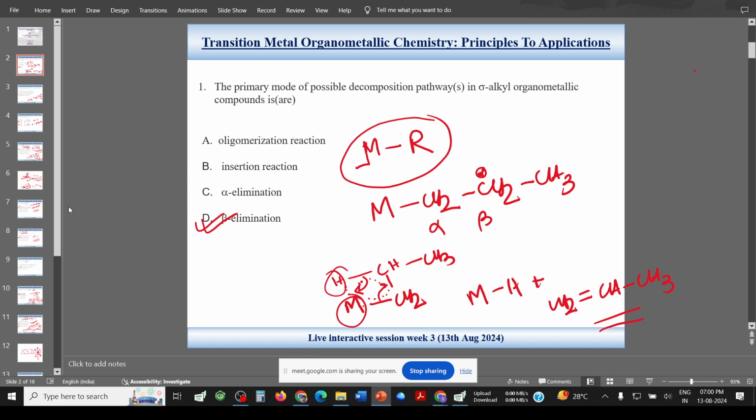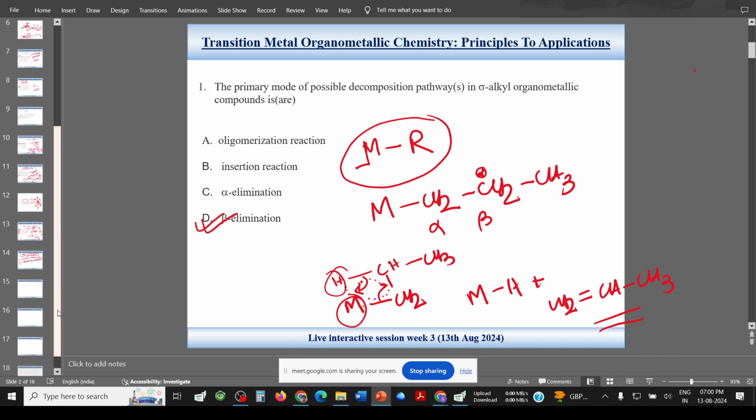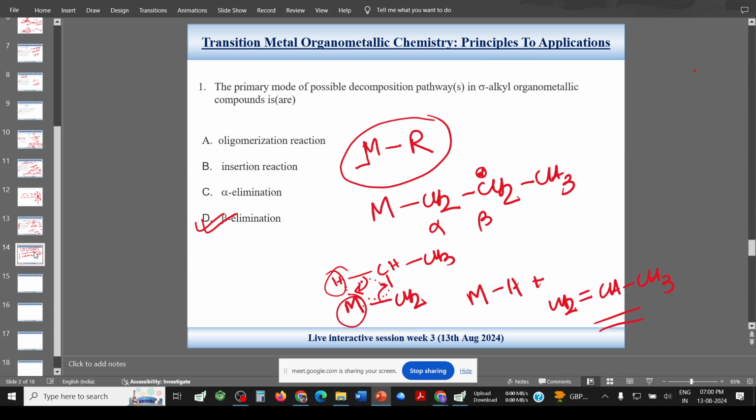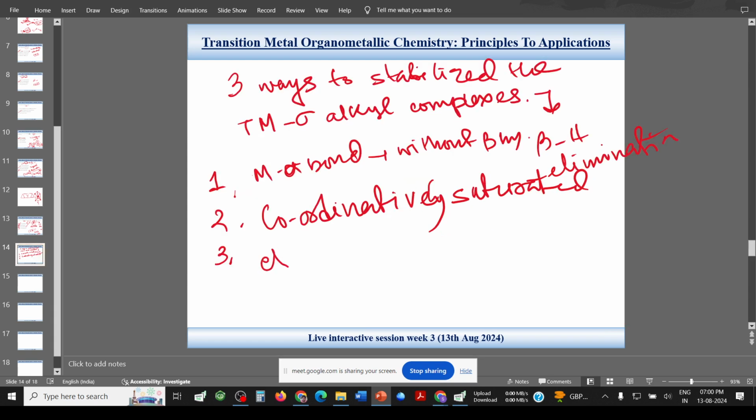This is the second criterion, and the third criterion is that it should be electronically saturated.